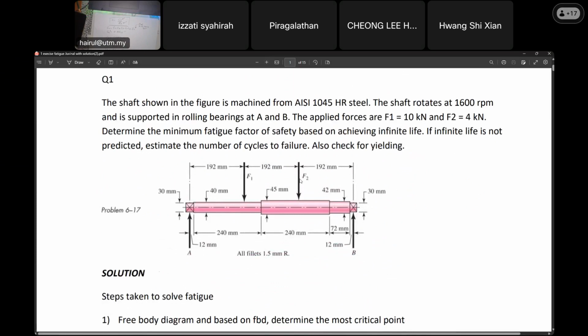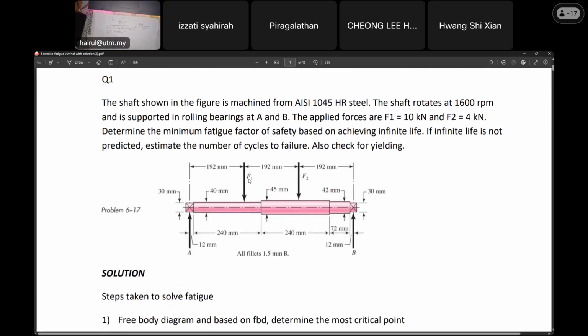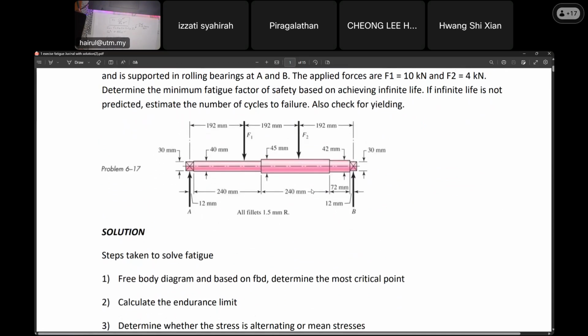We have force loading, and we find the safety factor based on this loading because the shaft is rotating. Fatigue analysis. For question 1, we have only one plane here, not two planes like we discussed before with the two planes and pulley, the cos and the sine. This one is only one plane, maybe the xz plane or the xy plane.